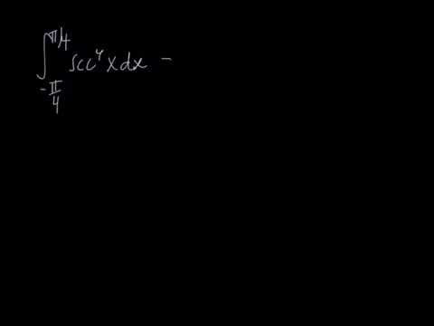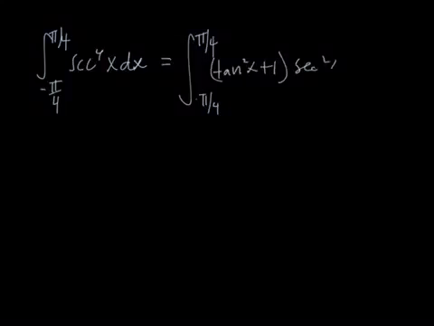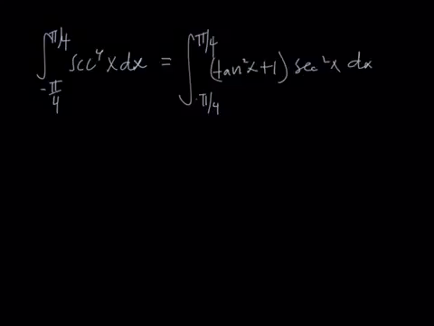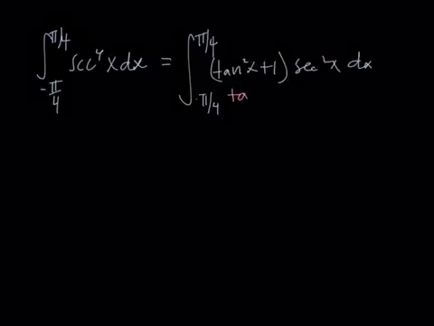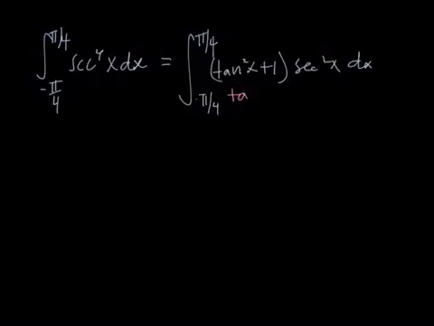So I'm going to rewrite this as negative pi over 4 to pi over 4. We're going to write this based on our identities as tangent squared of x plus 1, because that's secant squared, times secant squared of x dx.